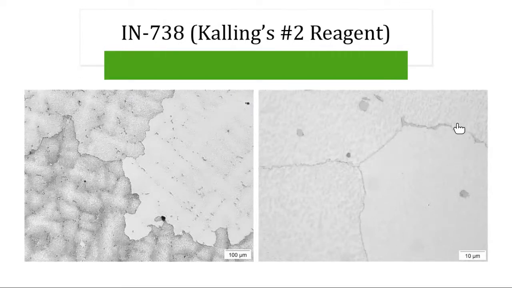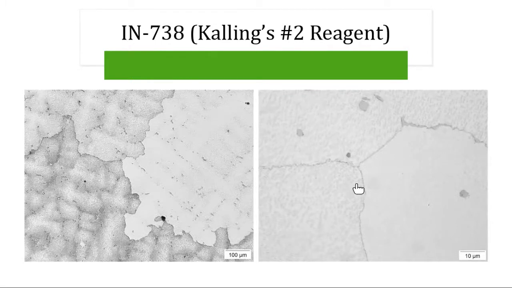When we are assessing turbine blades, we have to look at the features in the general microstructure to identify if we have acicular phases, which are embrittlement conditions, signs of overaging for a turbine blade.